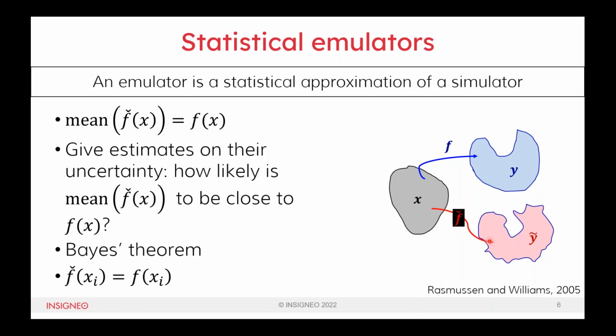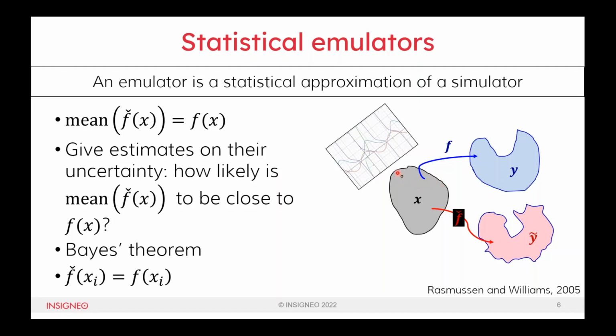Now, I said that an emulator is a statistical approximation of a simulator. But what does it mean exactly? It means that for each point of the input parameter space, you actually have a distribution of functions that are possible candidates for working as an emulator.